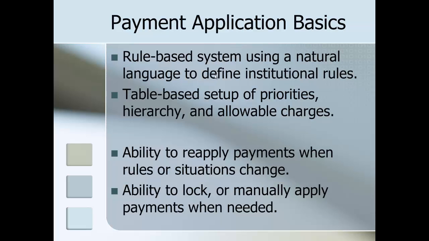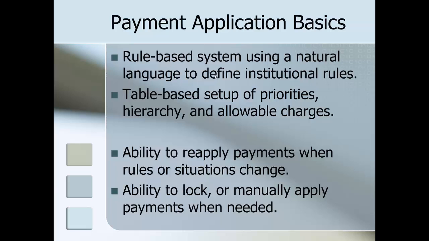Payment application is a rule-based system. We have a natural language system that defines your institutional rules. And then we have a table-based setup of our priorities, the hierarchy of our payments and our charges, and which payments are allowed to pay which charges. So we've really divided the line between the simple setup of your charges and your payments that define that hierarchy, followed by a really fine-grained ability to define how that actually happens with your payment application at the point of using it.